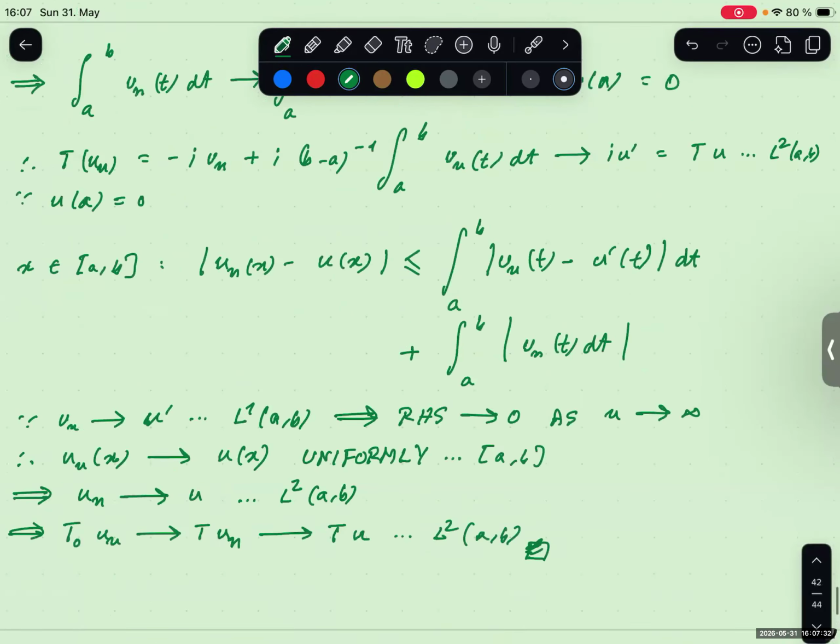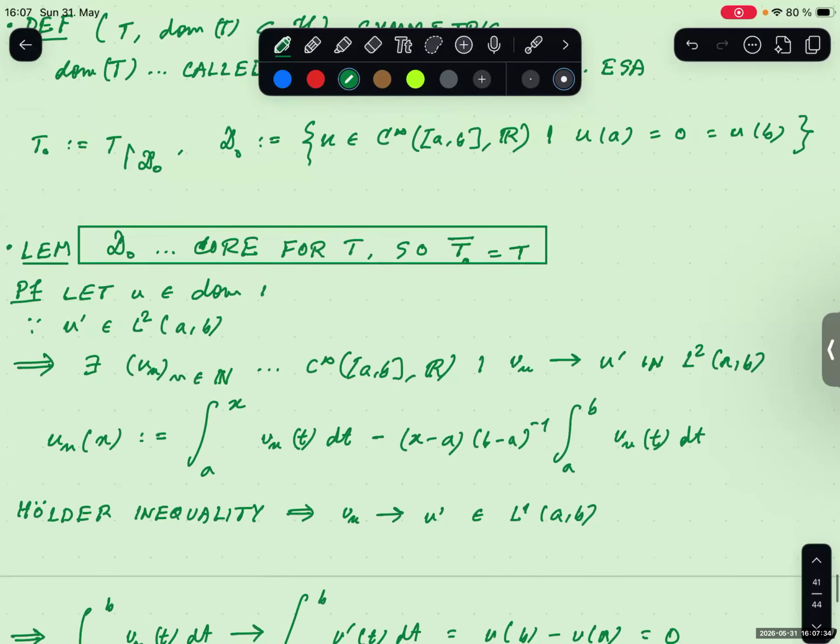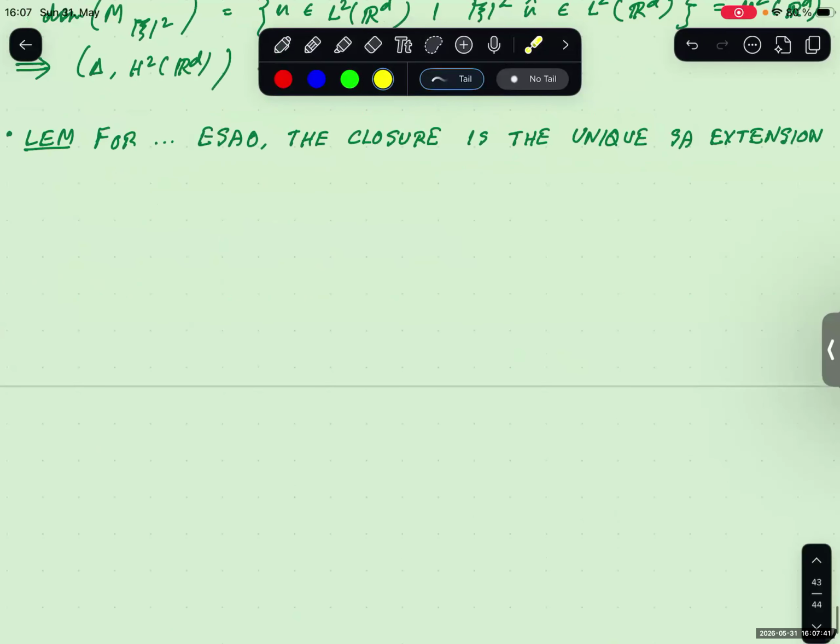So we have seen a special case of this here. But this is true in general. I'm not going to prove it, but you can find it in any standard text, for instance some I have mentioned.